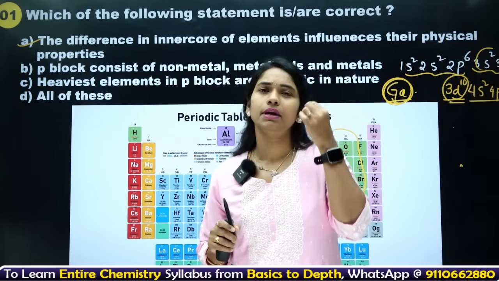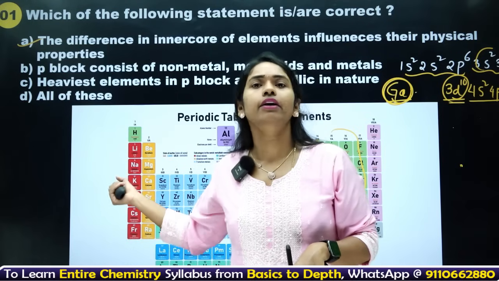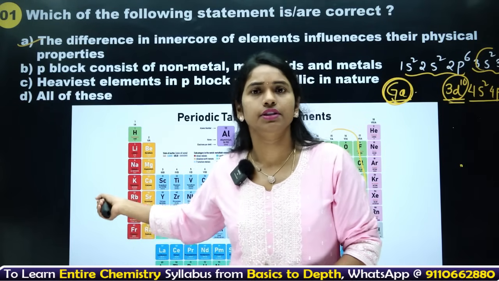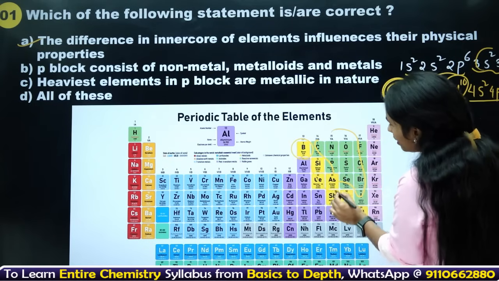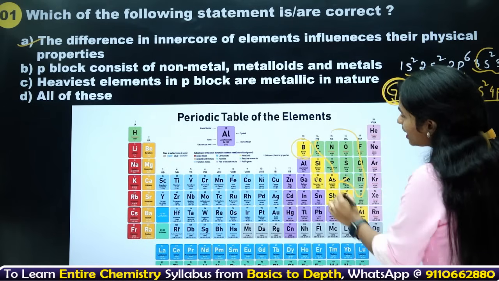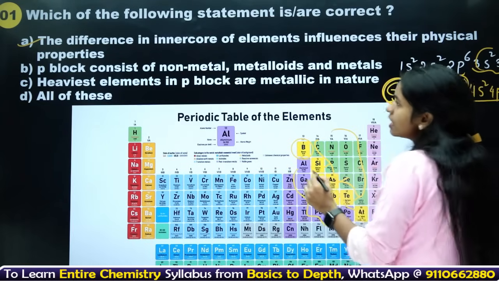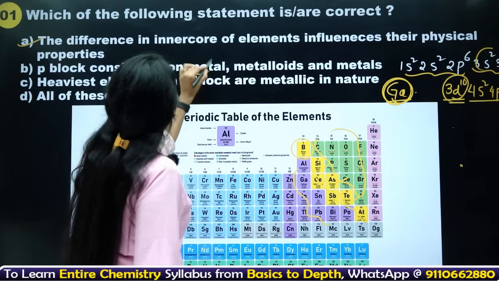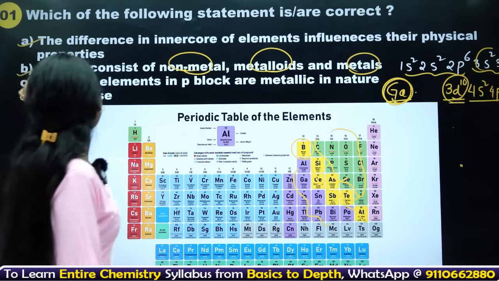That's why a few say it is a metalloid, and class 11 NCERT says it is a non-metal. It contains non-metals like arsenic, antimony, silicon, germanium, tellurium, and it contains some metals. So P block consists of non-metals, metalloids and metals. This is also a correct statement.